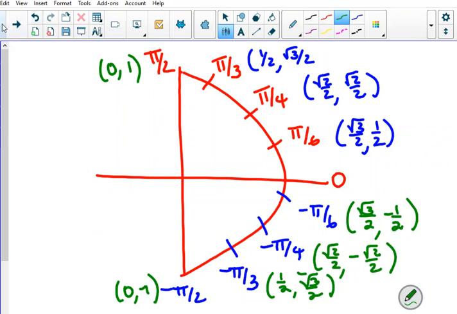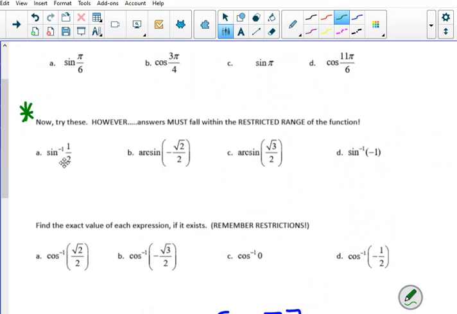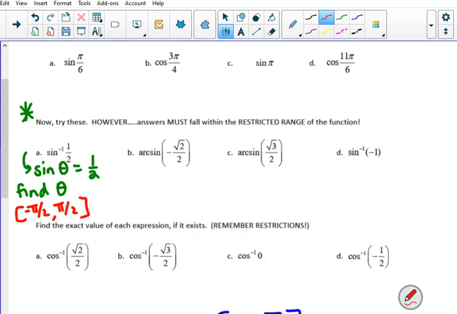And I'm going to flip back and forth here a bunch. When I'm looking at the inverse sine of a half, basically I'm thinking sine of some theta equals 1/2. I want you to figure out the theta, but we can only answer something between negative pi over 2 and pi over 2.